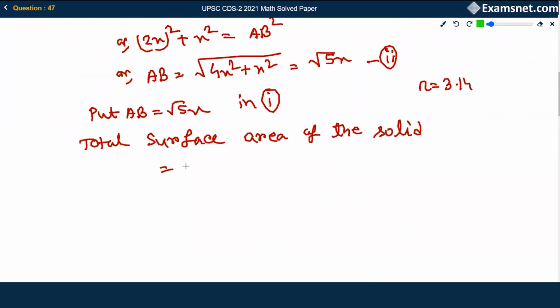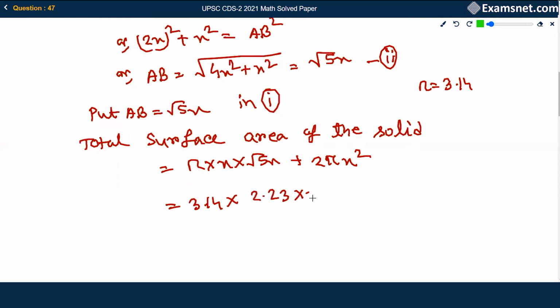So 3.14 multiplied by root 5, with root 5 rounded as 2.23, multiplied by x square, and 2 multiplied by 3.14 multiplied by x square.